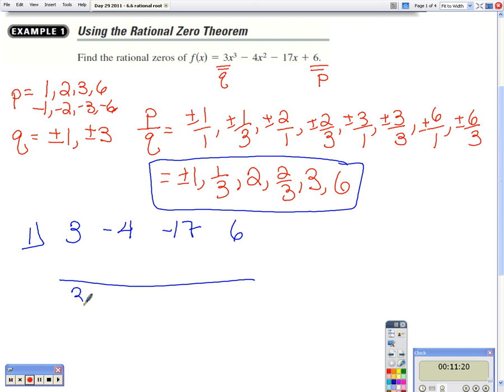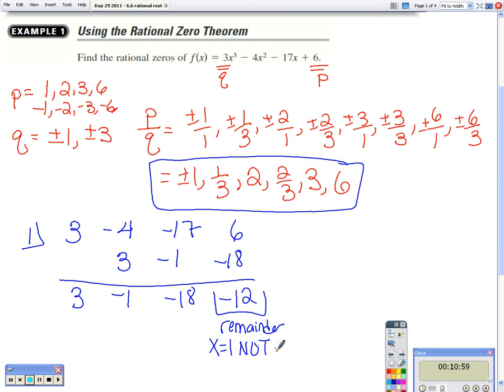Bring down the 3, multiply, and then add. And when we add negative 18 and 6, we get a remainder. So that means that x equals 1 is not a zero.